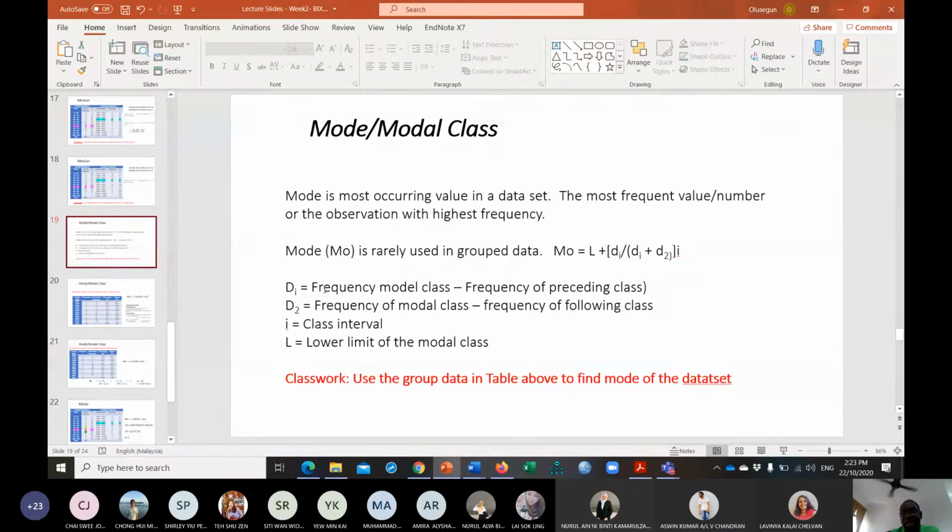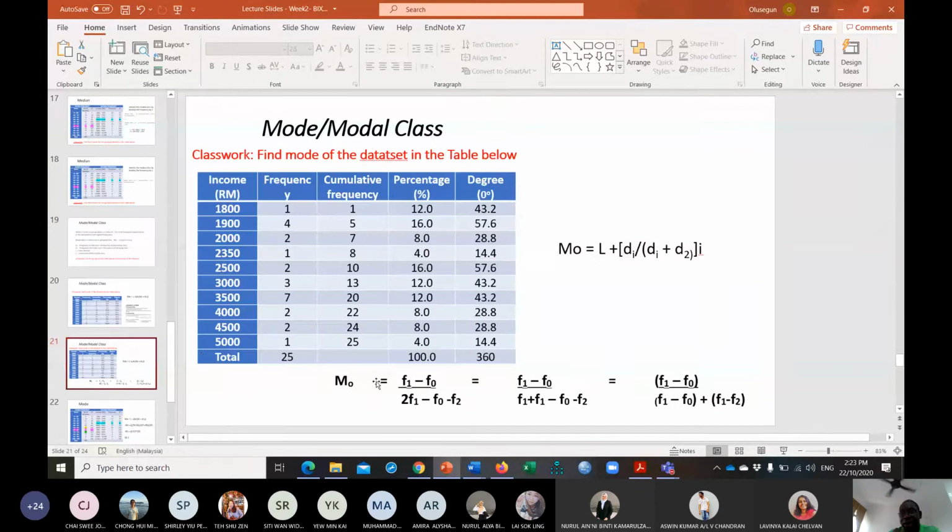Here, I said D1 is the frequency of the modal class minus the frequency of the preceding class, that is, the class before the modal. So that is what F1 minus F0 represents. F1 minus F0 is the same thing as D1, meaning the frequency of the modal class minus the frequency of the class before the modal class. Is it clear now? Yes.